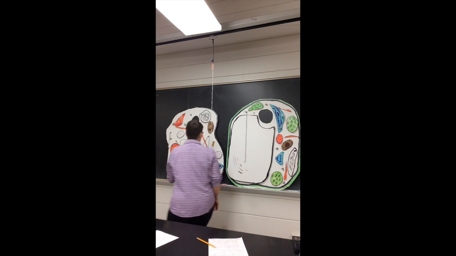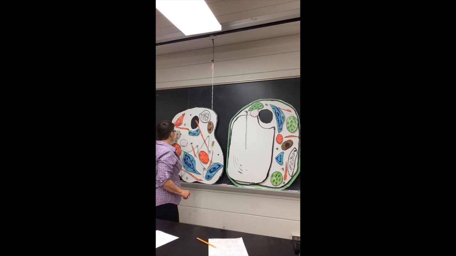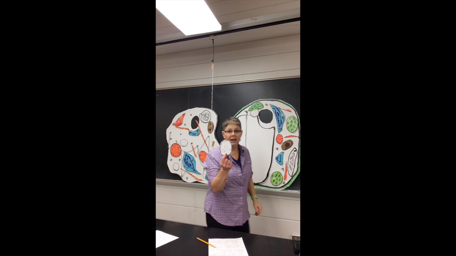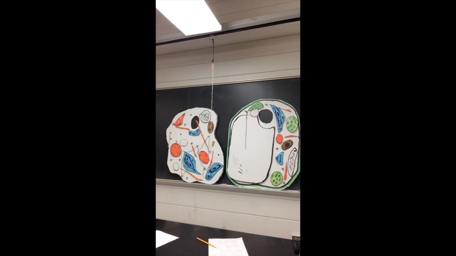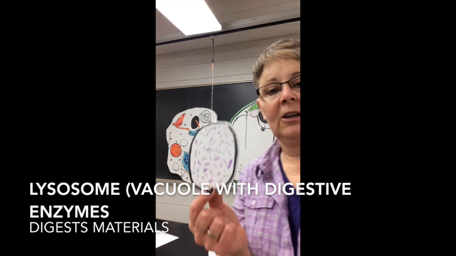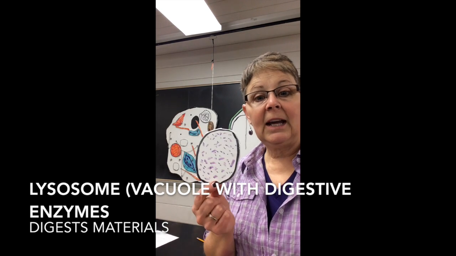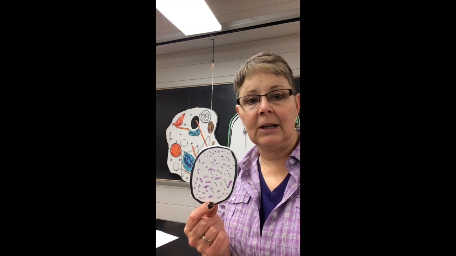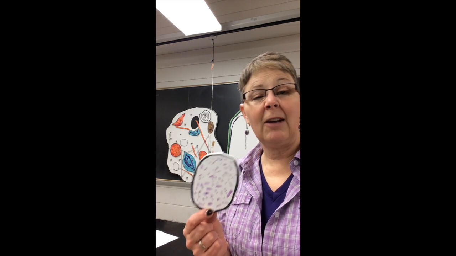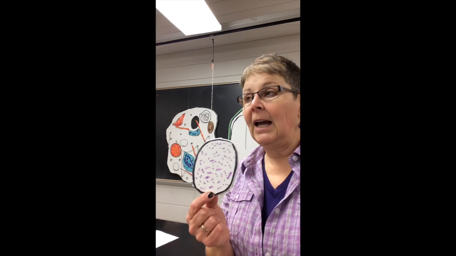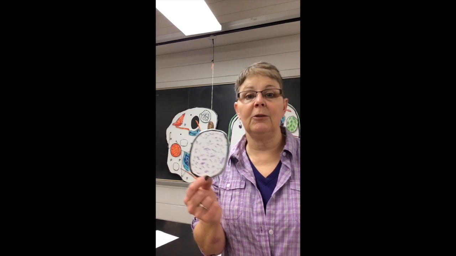So let's look at an animal cell. A lysosome has little dots, the vacuole with little dots, because it digests material. They used to think plant cells did not have lysosomes, but they do. They probably don't have as many because animals have to eat lots of different things, so they have to digest lots of different things.